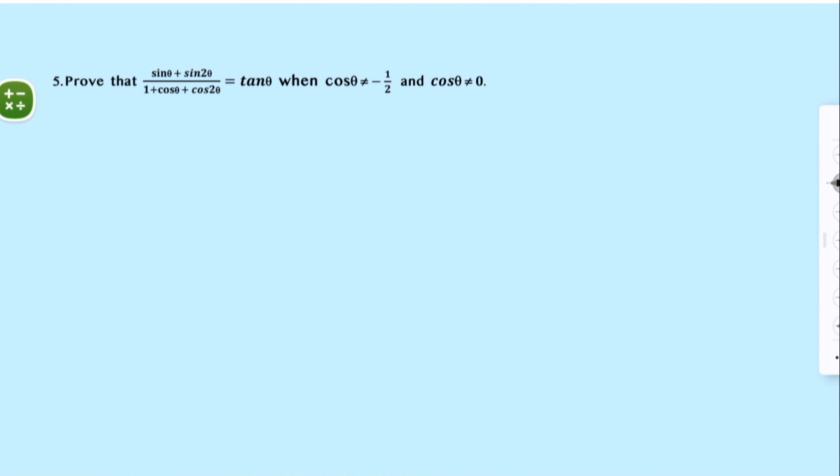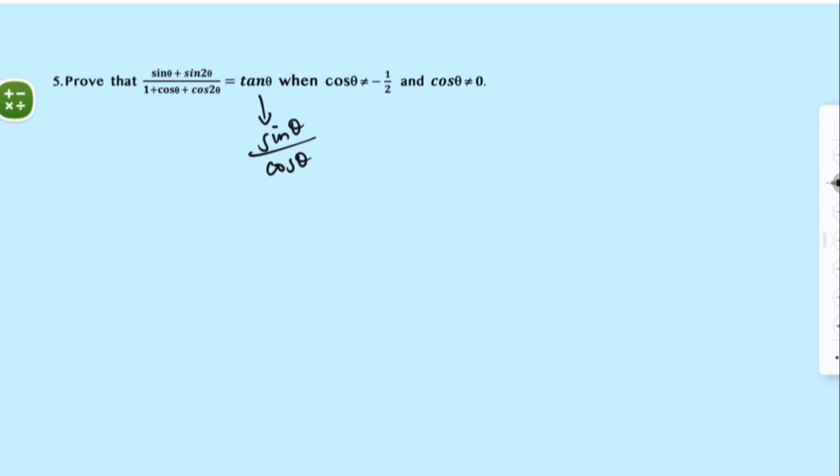Prove that (sine theta plus sine 2 theta) over (1 plus cos theta plus cos 2 theta) is equal to tan theta when cos theta is not equal to half and also not equal to 0. First things first, we know tan theta is the same as sine theta over cos theta.